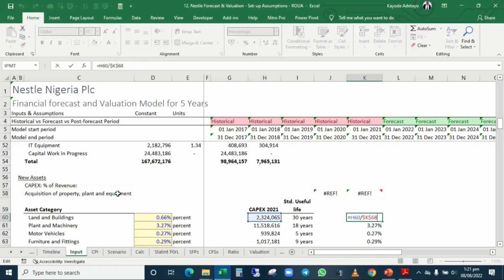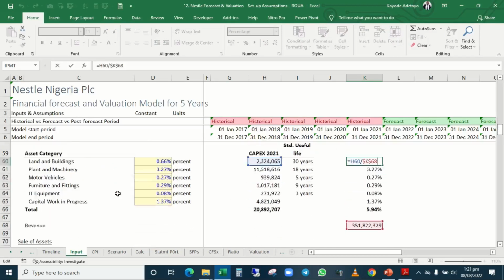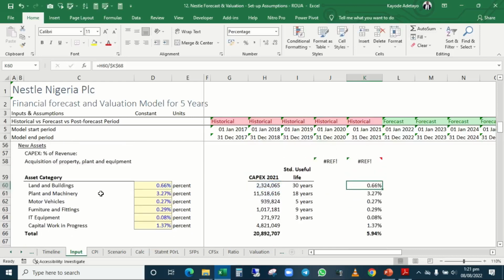I'm trying to get how we got this. Okay, by the revenue. So these are new additions, the percentage of revenue.